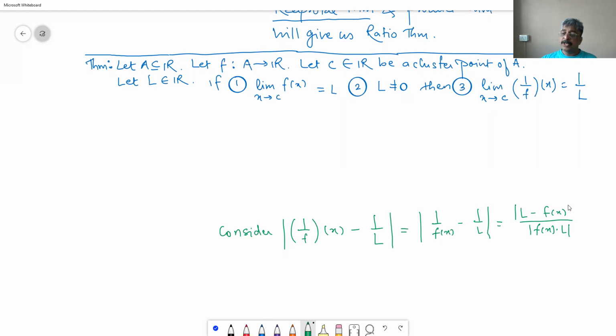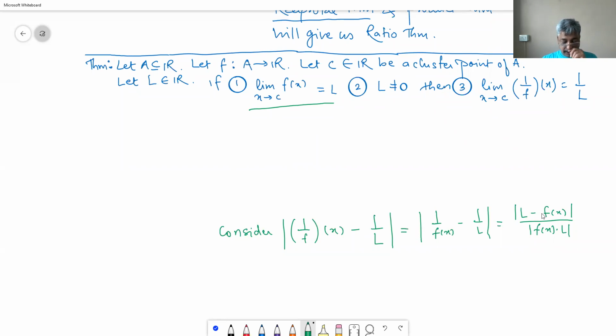Now you can split the absolute value in the numerator and in the denominator. Now this absolute value is less than whatever epsilon we consider. Statement number 1 will provide us with this absolute value, f of x minus L or L minus f of x.